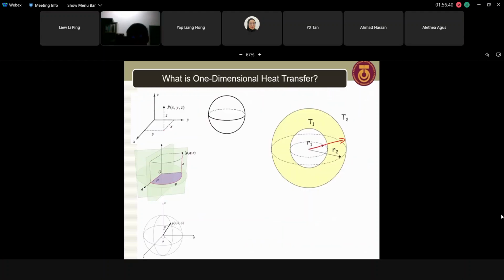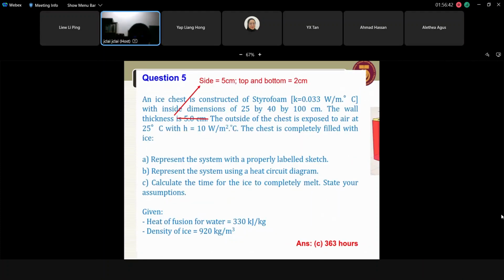So let's see here. If I change the question, the wall thickness, not 5 for all, but for the side is 5 cm, and for the top and bottom is 2 cm.